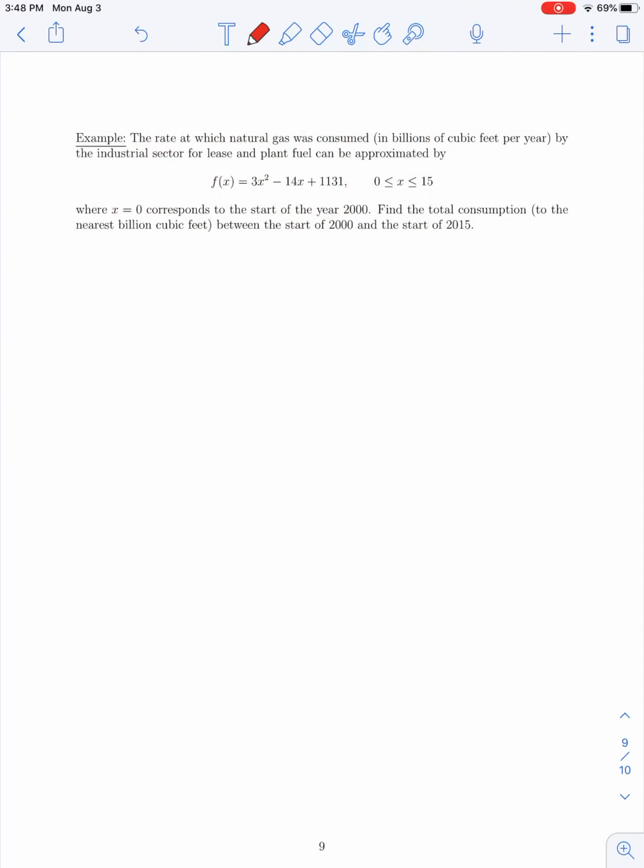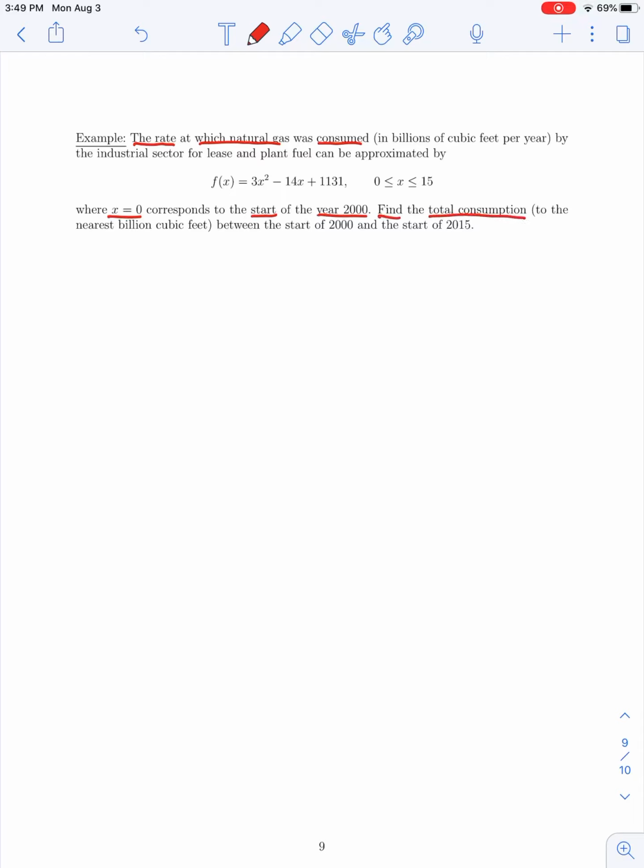Here we are told the rate at which natural gas was consumed, in billions of cubic feet per year, by the industrial sector for lease and plant fuel can be approximated by this function f of x, which is 3x squared minus 14x plus 1131, where x ranges from 0 to 15, where x equals 0 corresponds to the start of the year 2000, and if x ranges through 15, that would range through 2015.